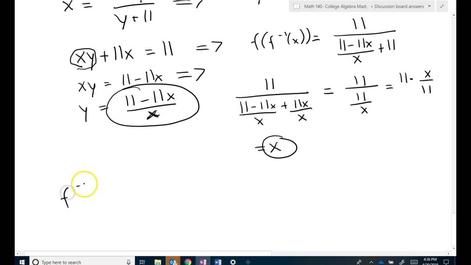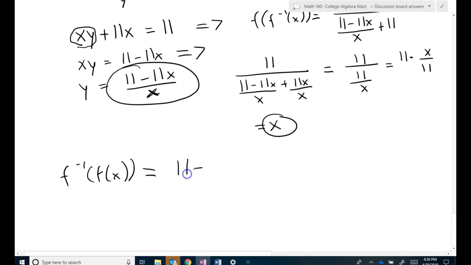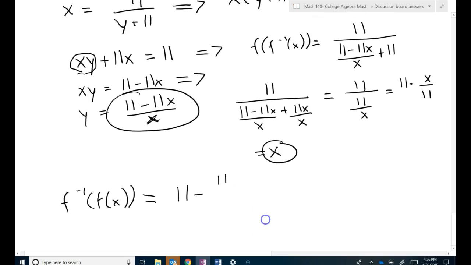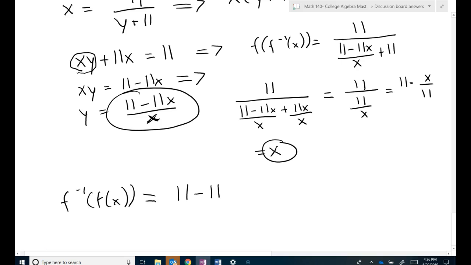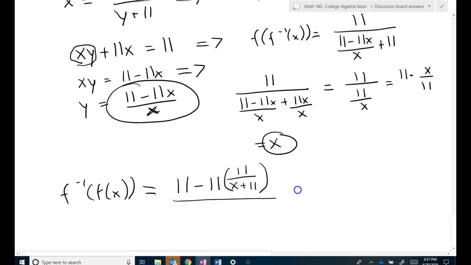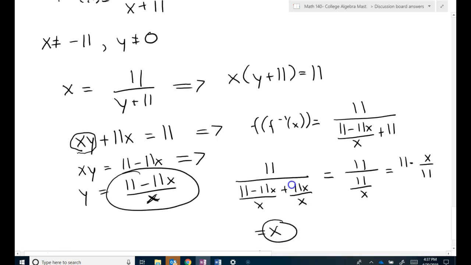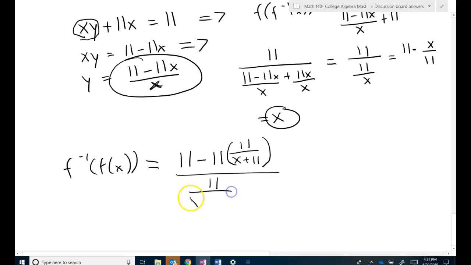Okay, now let's try f inverse of f of x. All right, so that's going to end up giving me 11 minus 11 times 11 over x plus 11 over 11 over x plus 11.